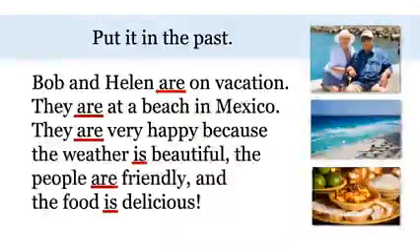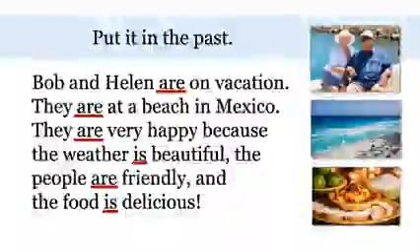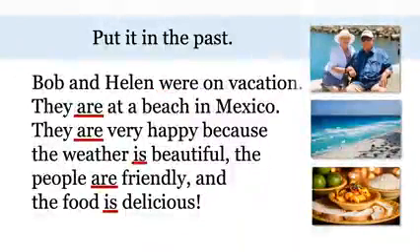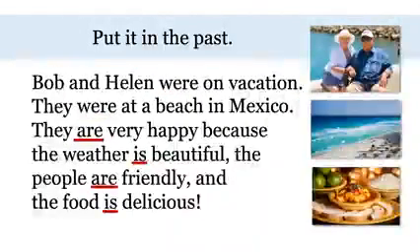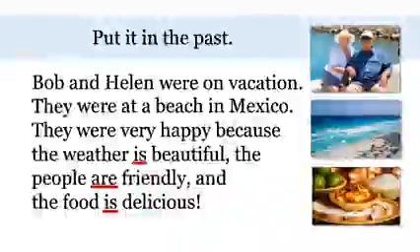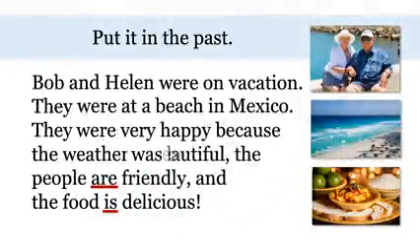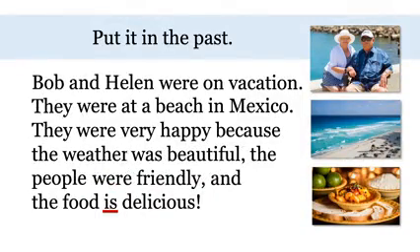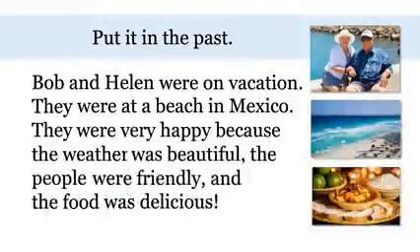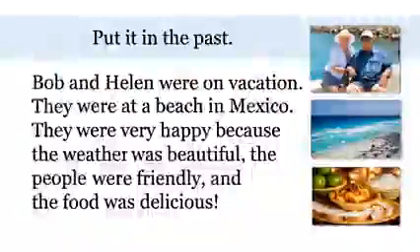Okay, are you ready to see the answers? Bob and Helen were on vacation. They were at a beach in Mexico. They were very happy because the weather was beautiful, the people were friendly, and the food was delicious.